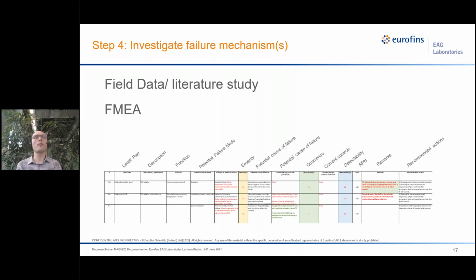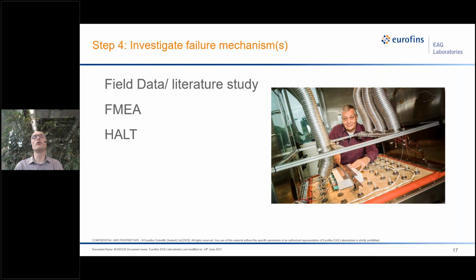The second part, performing an FMEA, a failure mode and effect analysis. It can be another way to gain this insight. We also facilitate FMEAs from the Reliability Test Center, and together with the customer, we rank the various components and look at the possible failure mechanisms. It is also possible to run pre-experimental tests to detect a failure mode.